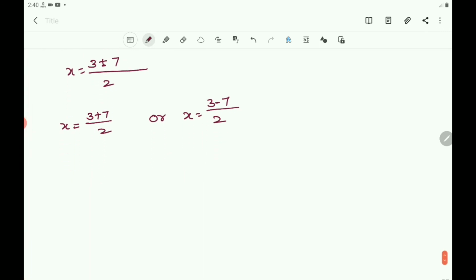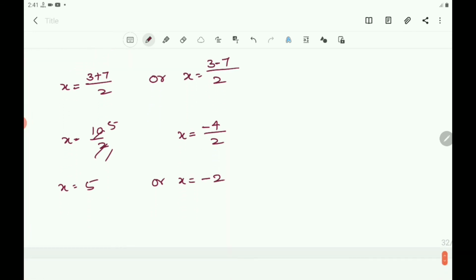Then x equals 3 plus 7 is 10, 10 by 2, or x equals 3 minus 7 is minus 4 by 2. Then you will get x equals 5, or x equals minus 2.